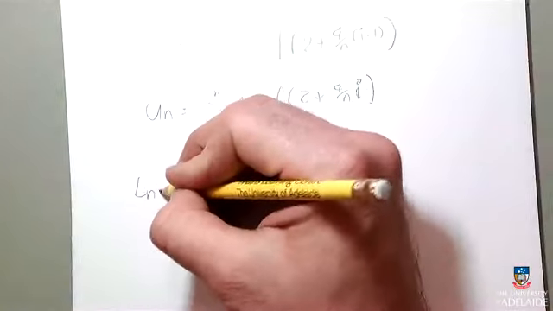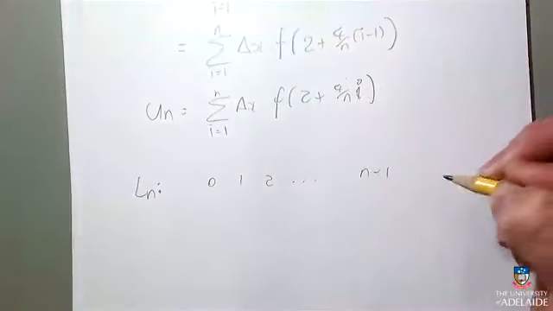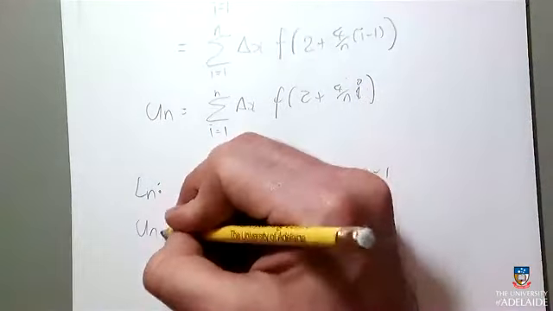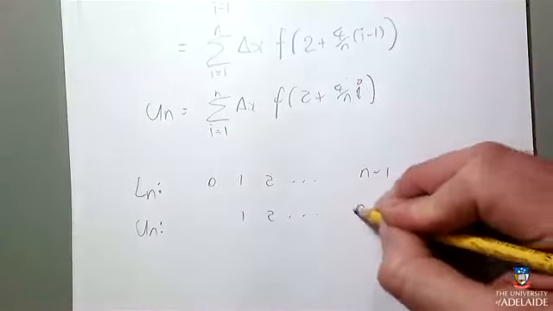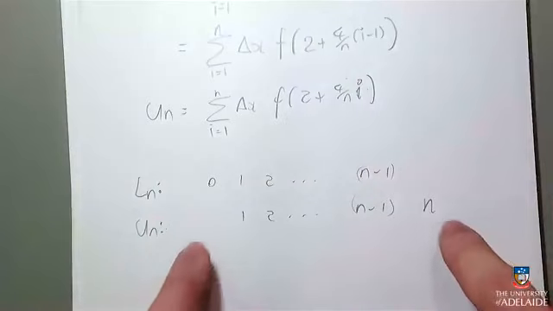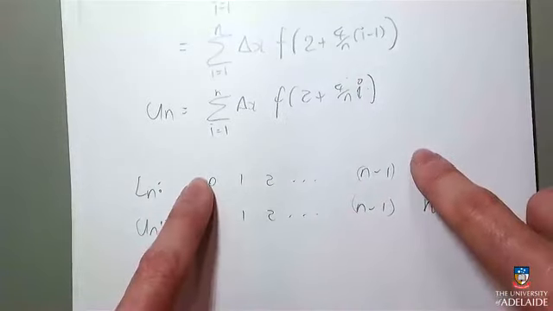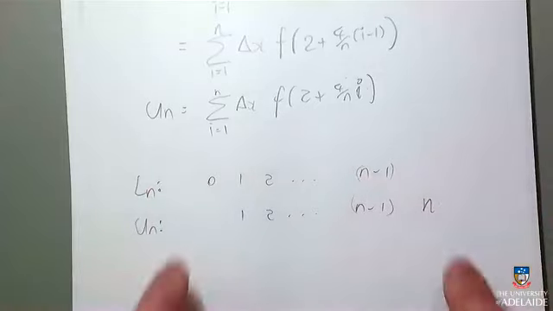The Ln has the numbers from 0 to n minus 1, and the Un has the numbers from 1 to n. So if I do this one minus that one, all these ones in the middle are going to cancel each other out. And I'm just going to end up with those two.